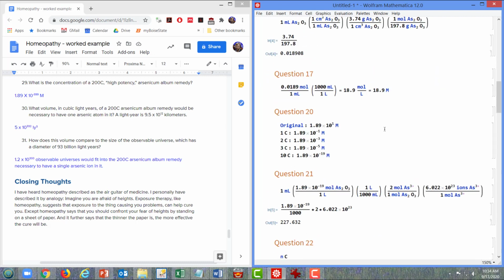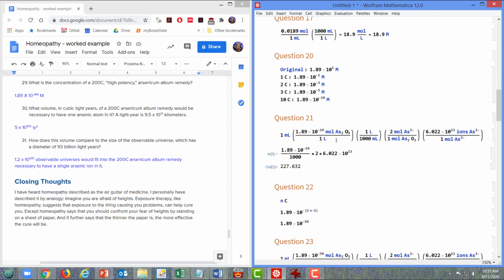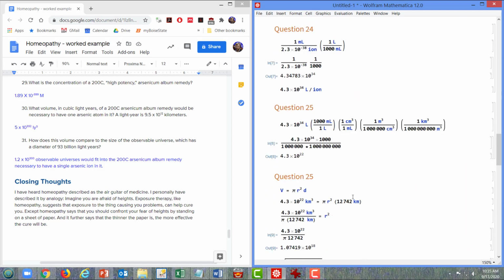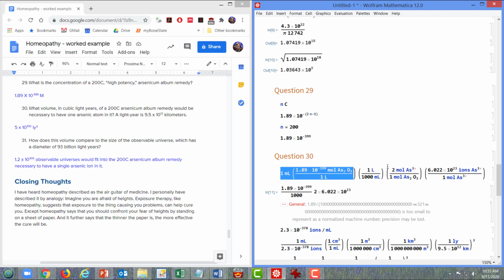So when you did a calculation here, trying to determine how many ions there are in 1 milliliter of a sample of one concentration, you can later do that same calculation with a different concentration. And you can later do that same calculation with a very different concentration. The procedure is identical, you just have a different number that you're plugging in.